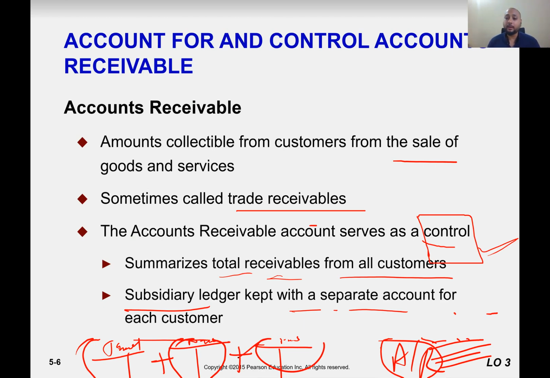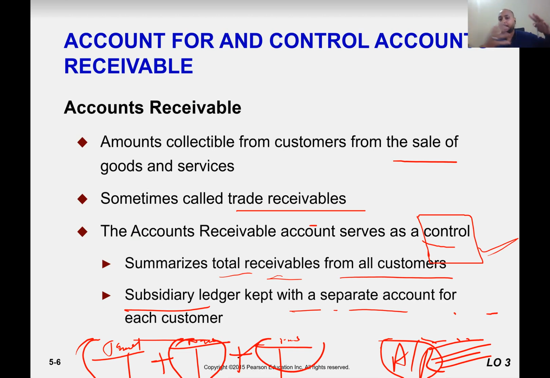So don't worry about how we can find out how much a customer owes. Everything is fair and precise over there. In an online portal, you just double click and you can find all the customers that owe you money, each and every separate ledger, the subsidiary ledger of the main accounts receivable.